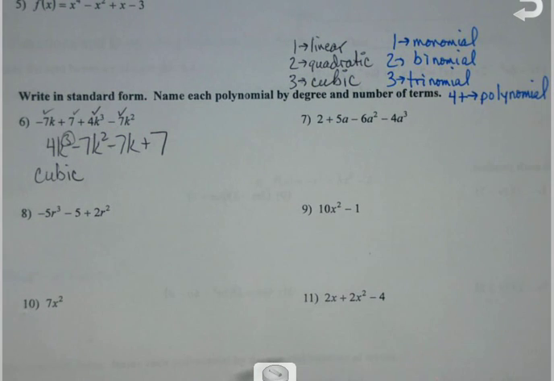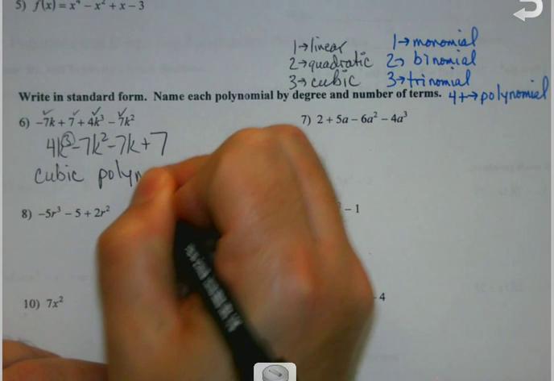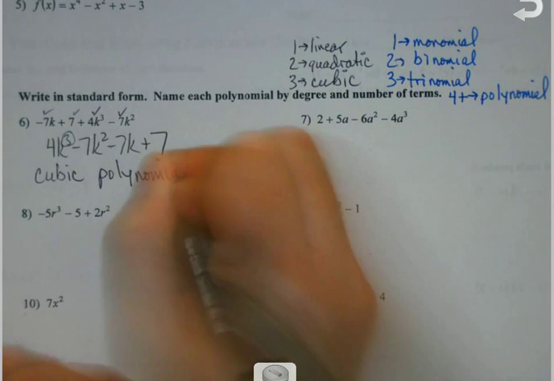Because now you're just getting to a point where there's too many things to keep track of. Okay, so when we name it by degree: linear, quadratic, cubic. When we name it by number of terms: monomial, binomial, trinomial, polynomial, just so we have a common language that we're using. So this particular one would be a cubic polynomial.